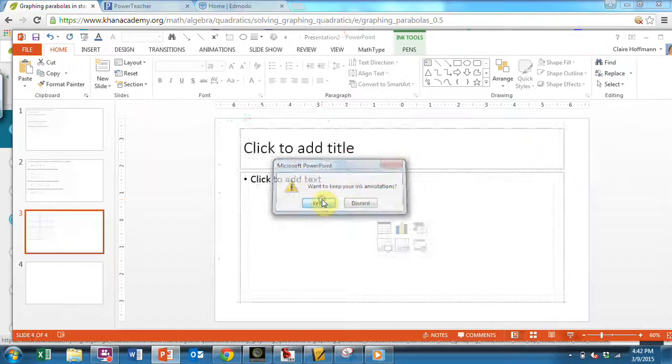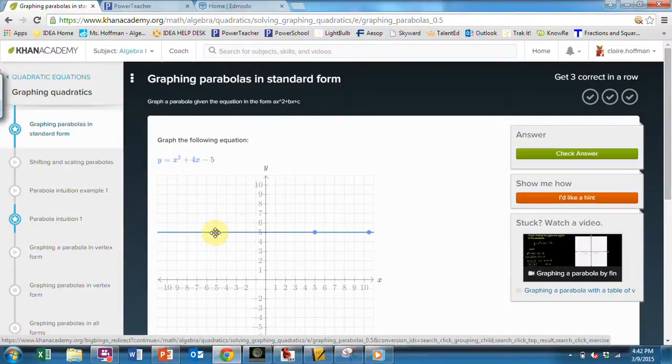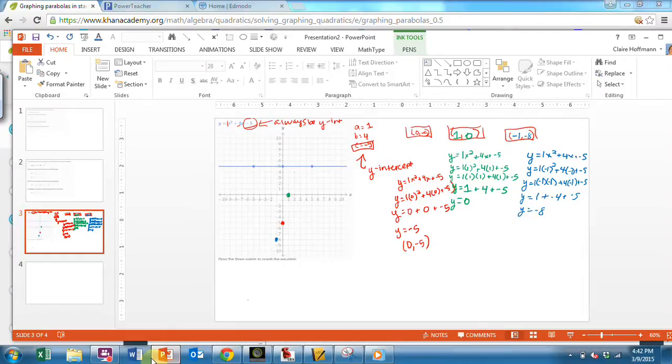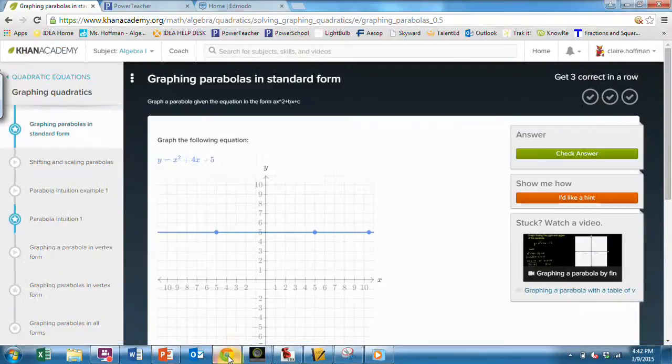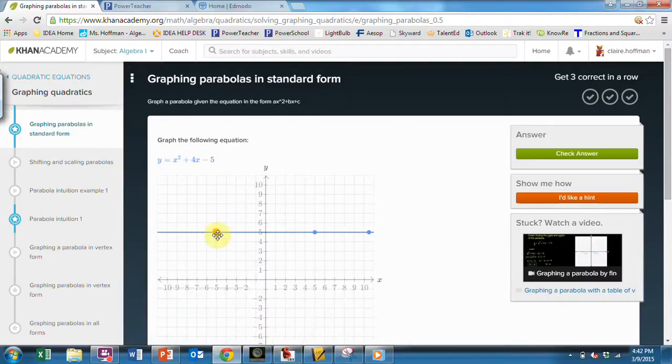So going over to Khan. And my first point I said was 0, negative 5, my y-intercept, my c at negative 5. So I'm going to just drag one of my points over to the negative 5, not caring too much what it does to my parabola as I move these points around. It'll look right in the end after I've graphed them all.